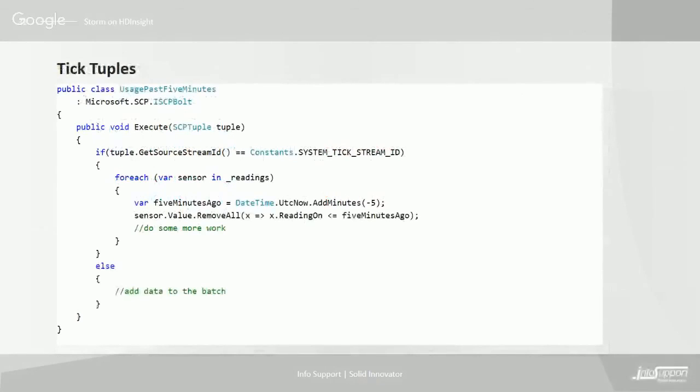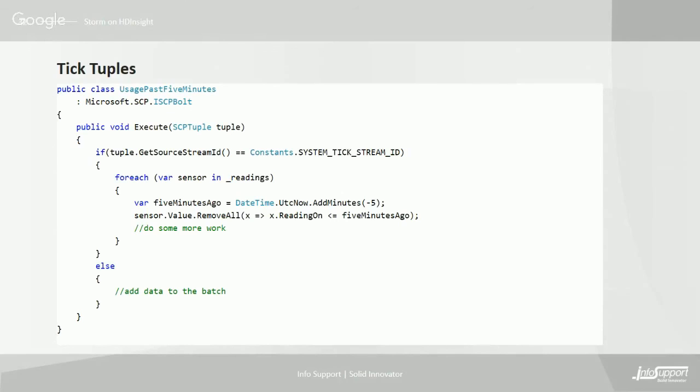How can you do something like that accumulation or use the system? Well, in the usage past 5 minutes bolt, I dropped some code. It receives tuples every minute or so. So in the list, we're storing that in memory, or I could be outputting to a database or whatever. And then every 5 minutes, because the bolt is set up like that, it receives another tuple, this time not a readout, but a tick from the tick stream.